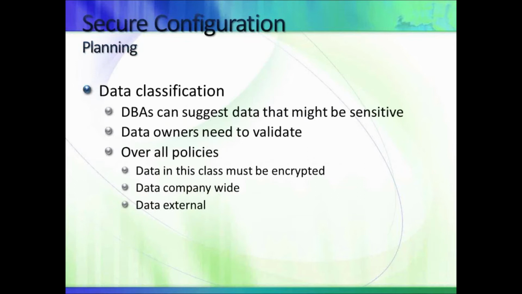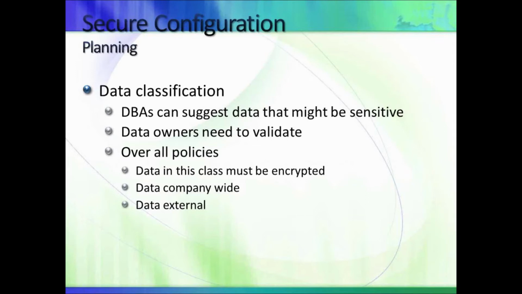Data classification is deciding where your sensitive data is. This seems to be one that is difficult to do, because there's so much data in certain companies and it's spread out all over the place, so it may not be consolidated. DBAs can suggest what might be sensitive data, but the data owners really need to validate.